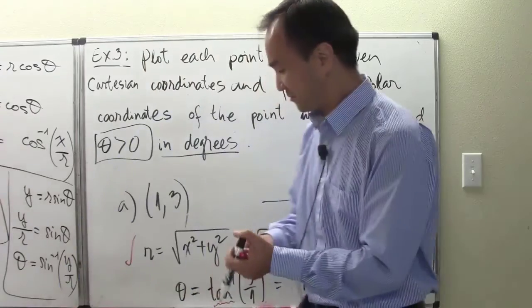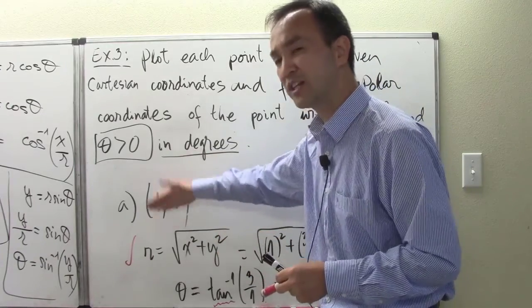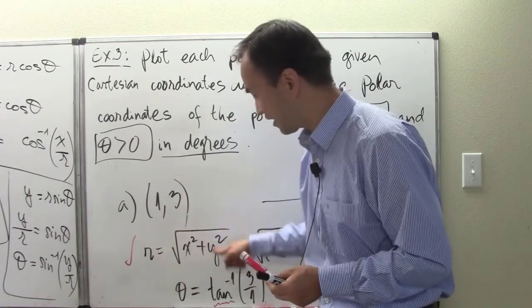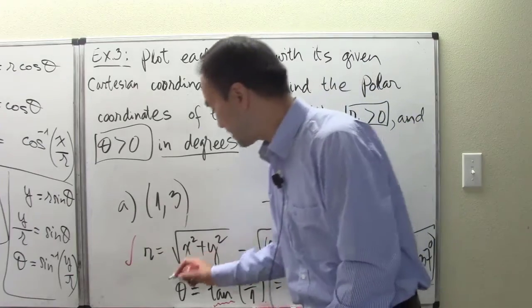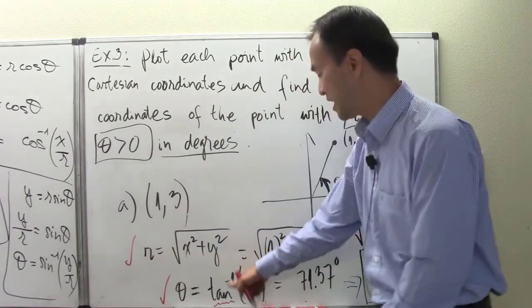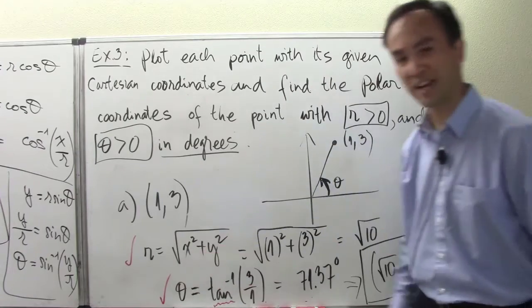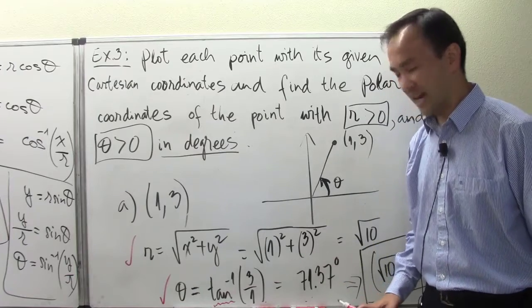Now back to the highlighted steps. Anytime we convert from rectangular coordinates to polar coordinates, getting r is a matter of using that formula, and getting theta, the highlighted step is to use tangent inverse of y over x. That gets you theta. But hold on, it's not simply tangent inverse of y over x all the time.